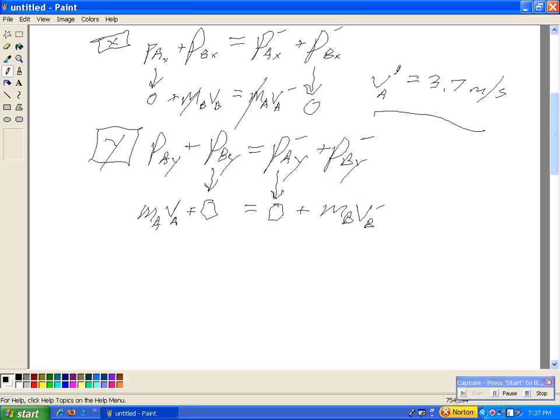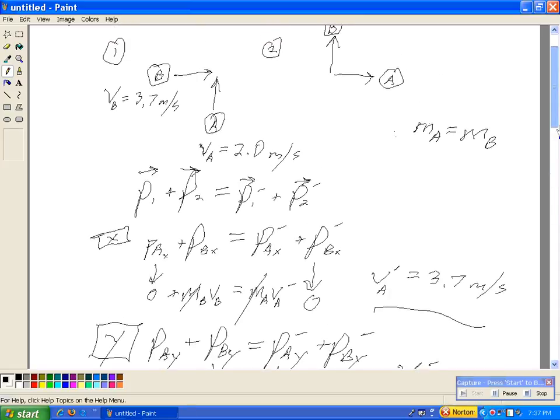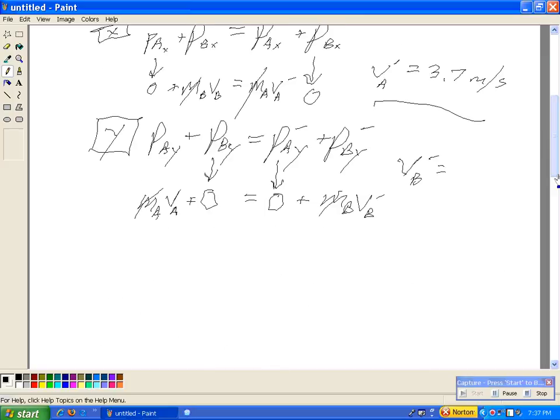Goes up here. Okay. So what we're saying is that since the masses cancel out or divide out, VB prime equals what VA was in the beginning, which is 2.0. Okay.